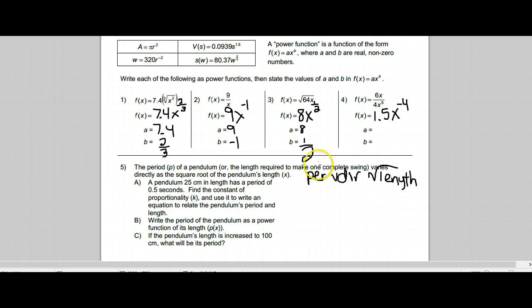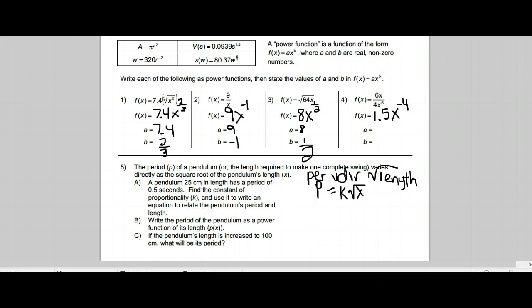Now, the period is denoted with the letter P, right? Varies directly is equals, and that's going to be k times length is x, so this is going to be the square root of x.